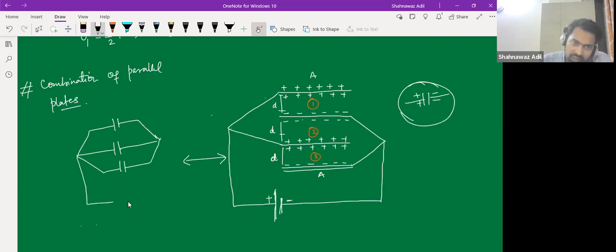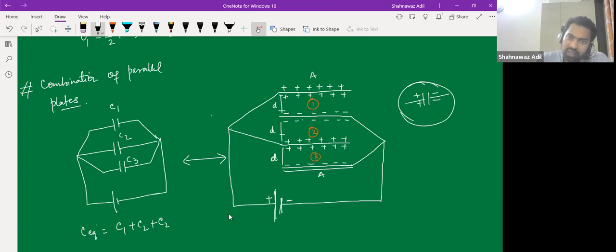So this is the effective diagram. If we calculate the C effective, let's say this is C1, C2, C3. Effective C would be in parallel, that is the linear sum.